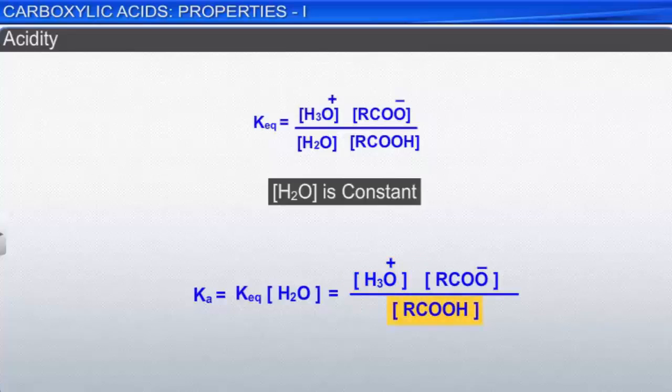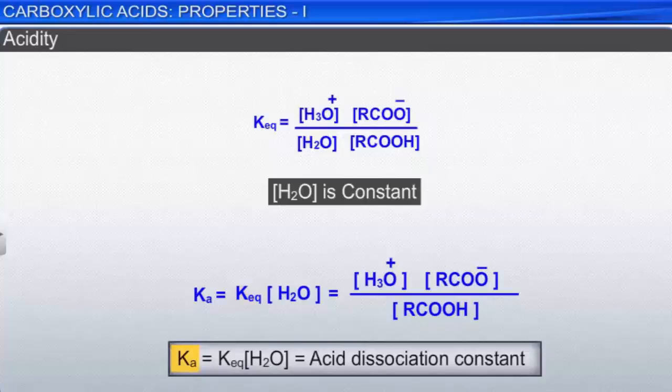Here, Keq is the equilibrium constant, and Ka, which is equal to Keq multiplied by the concentration of H2O, is called the acid dissociation constant.